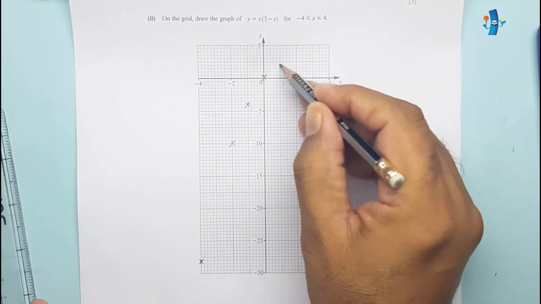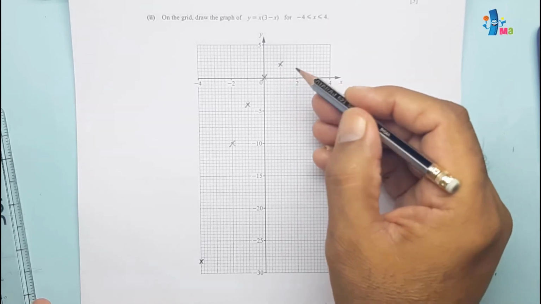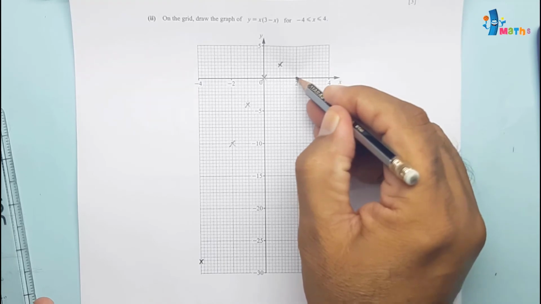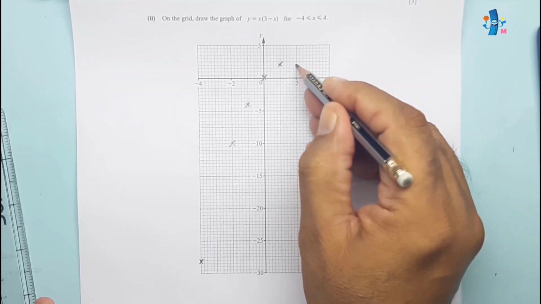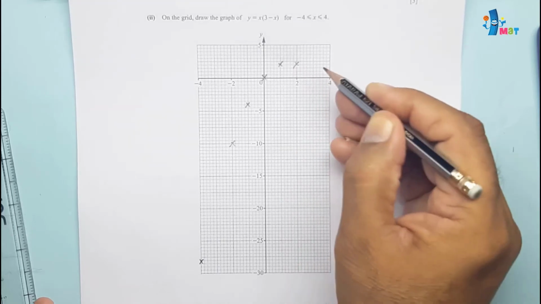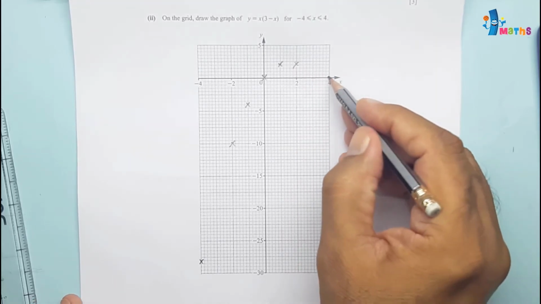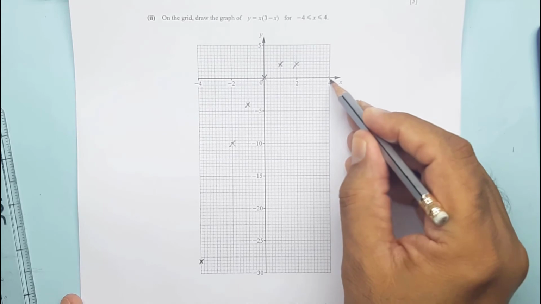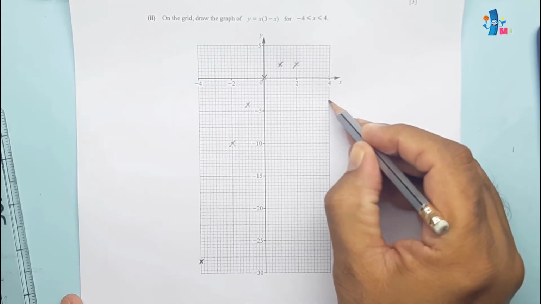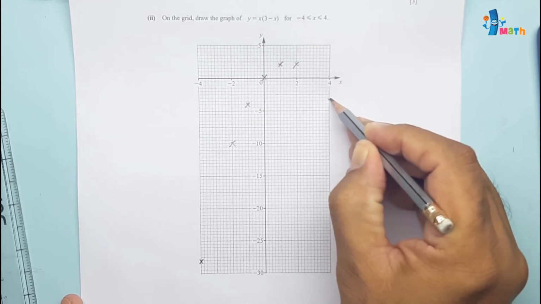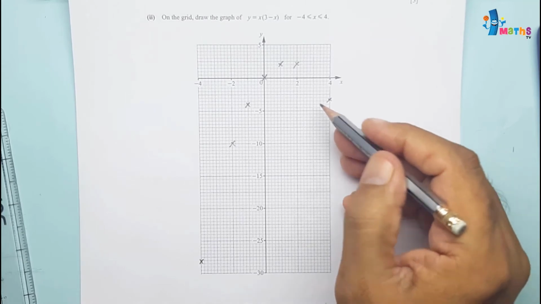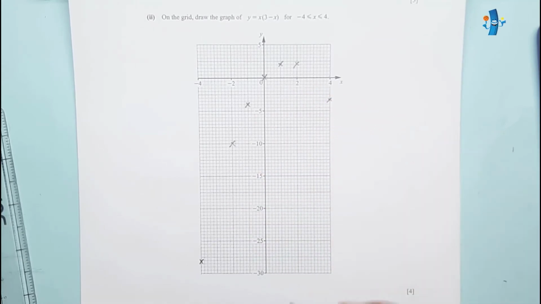Then 2 and 2 will be the same over here, and then we can take 4 and minus 4. Minus 4 will be up to this point. So this is the curve through the points we have drawn.